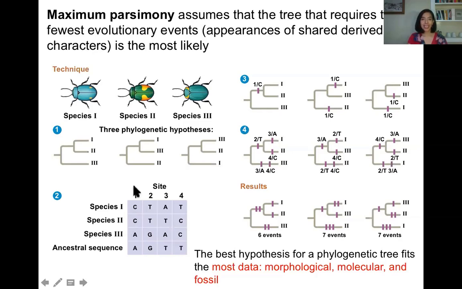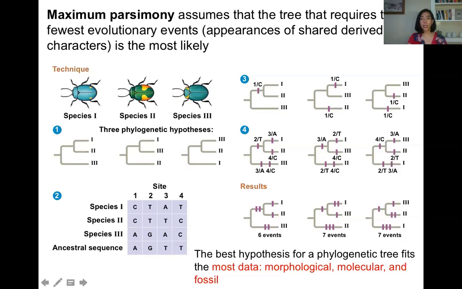We have our matrix here, and what we need to do is to look at the ancestor. The ancestral sequence has an adenine. That means that if we find the ancestor in the phylogeny, we're going to have an adenine here. Then species 3, for site 1, also has an adenine, so we're not going to mark a substitution.